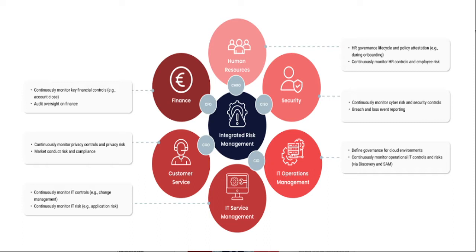See, the top-level executive, like the chief human resource officer, finds out the risk in terms of HR. You can see the HR governance life cycle and policy attestation during onboarding, and continuous monitoring of HR controls and employees. So the top executive, the CHRO, who is the top-level leader for that particular department, can organize, control and regulate the policy and compliance with respect to HR through integrated risk management.